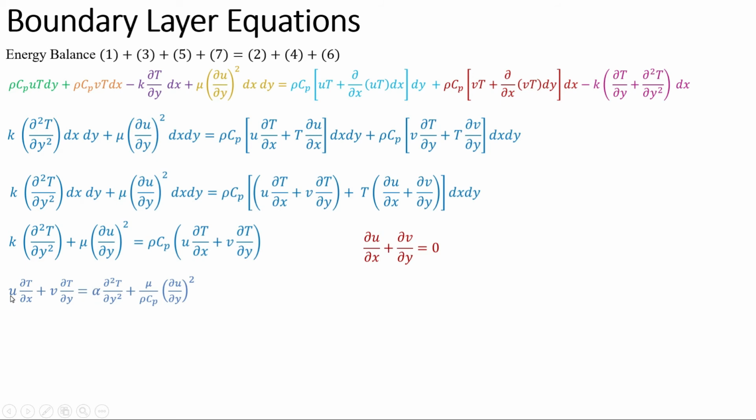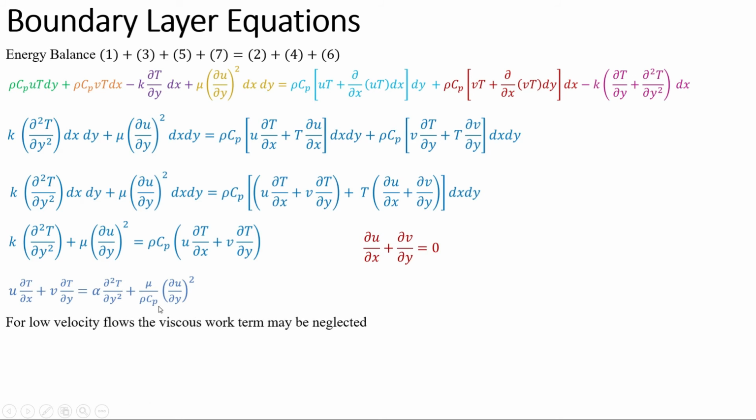So we have the simplified equation, u ∂T/∂x plus v ∂T/∂y is equal to alpha ∂²T/∂y² plus mu over rho cp (∂u/∂y)². This is the equation which takes viscous effects and viscous work into account.